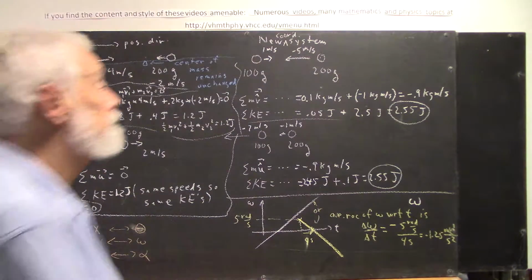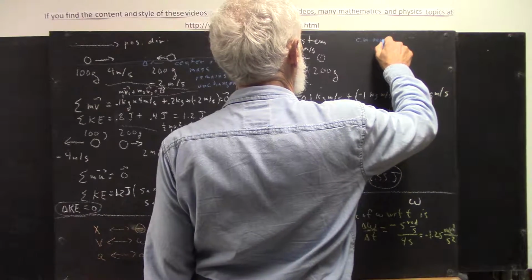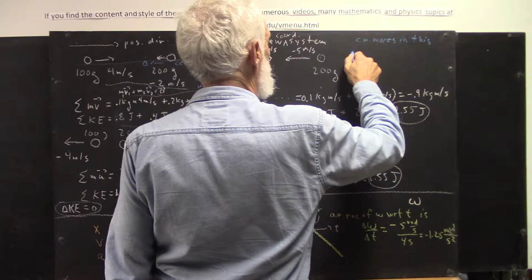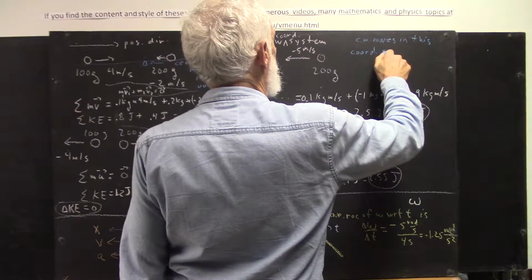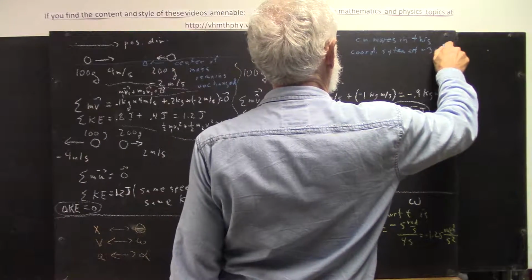So the center of mass moves in this coordinate system at -3 meters per second.